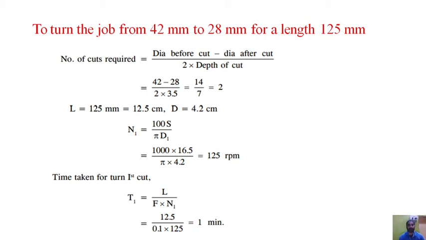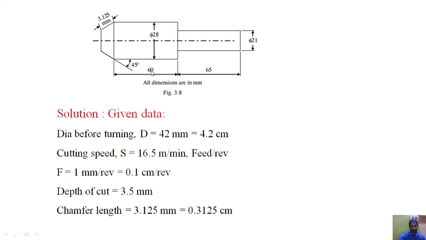You have to reduce 42 to 28 millimeter for a length of 125 mm. So 60 plus 65 is 125 mm. So initially you have to make it 28 mm for a length of 125 mm. This is also 28.